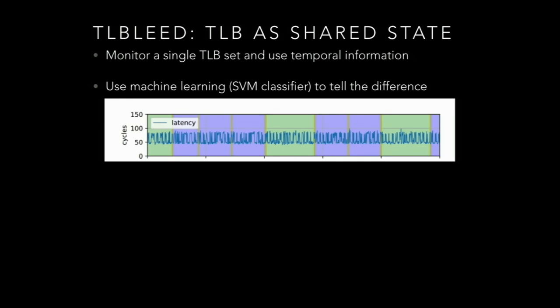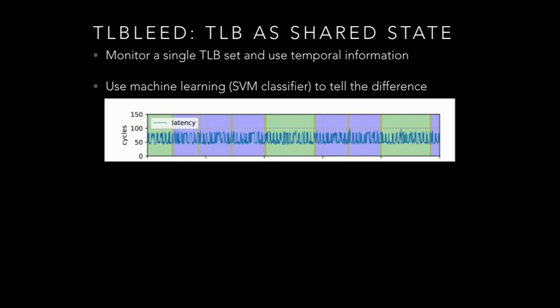This is the raw signal that we capture for real on the spy thread. We access a TLB set all the time. Most of the time the latency is low, because the access we do fits perfectly in the set, so it's fast. Whenever the latency is high and it's slow, it means that someone else, our victim process, needed to use that set for something, and that tells us about its activity.